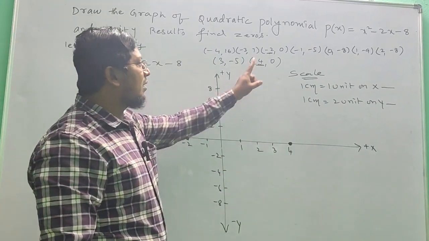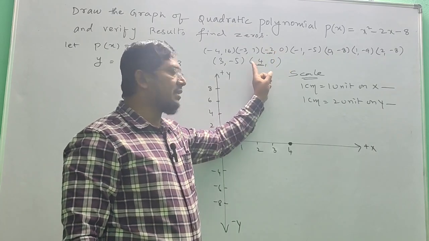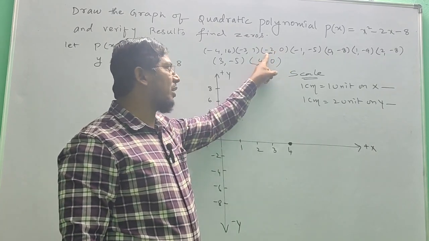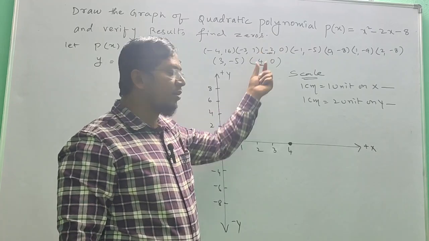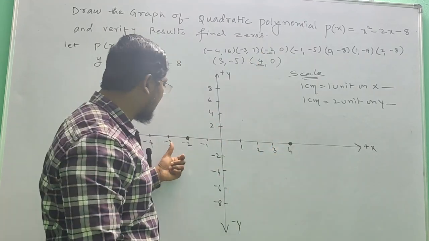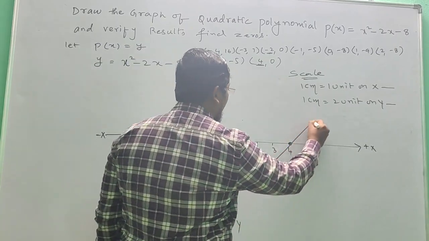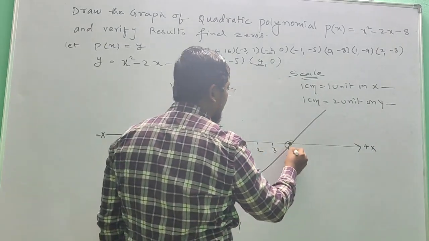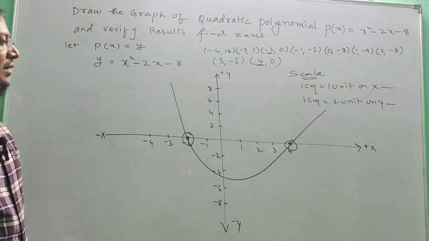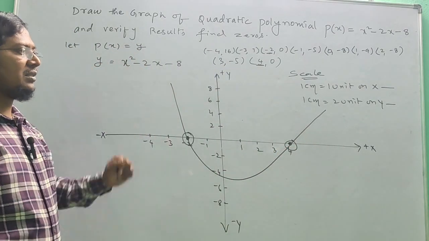The x point is minus 2, the y point is 0, so it lies on the negative x-axis. We have to join these points freehand and highlight them. This graph of the quadratic polynomial is a parabolic graph, a U-shaped graph. So we have this answer.